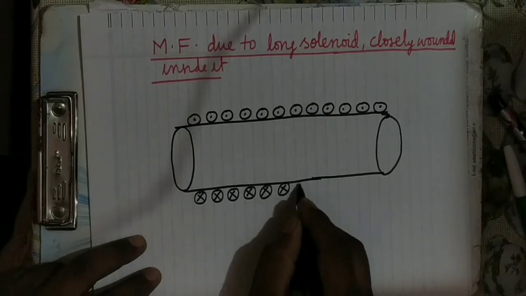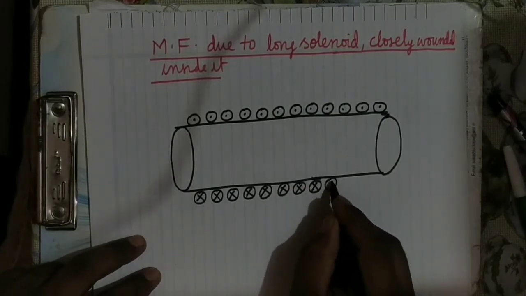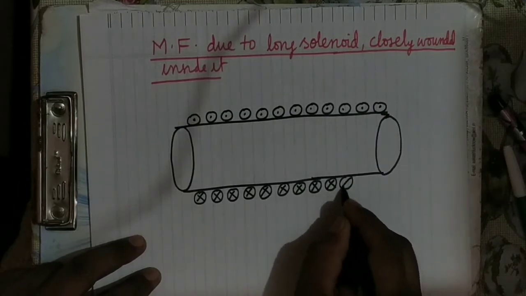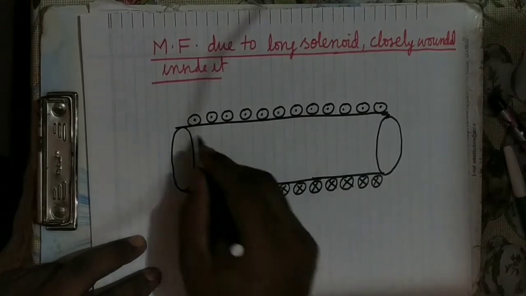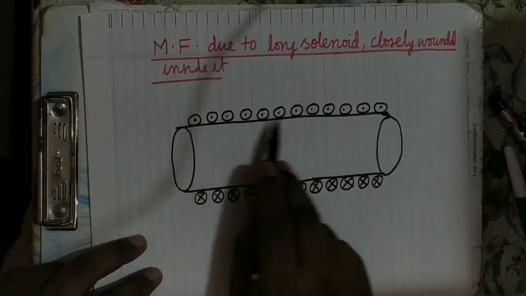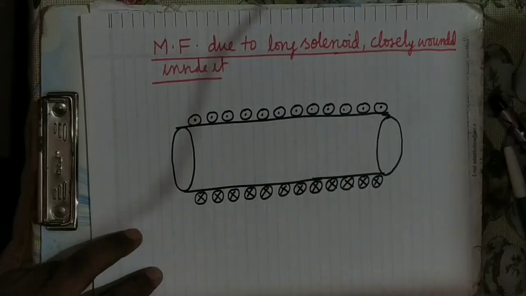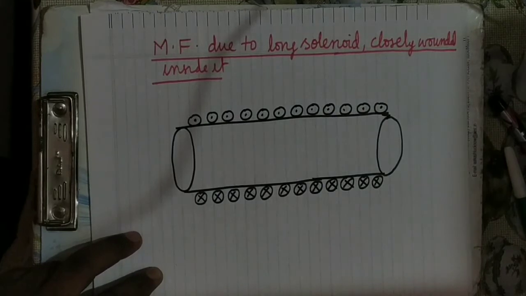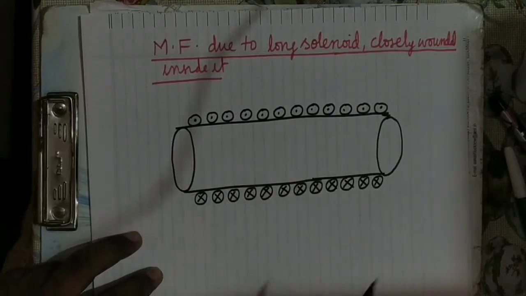Now this I made here. In place of showing the turns and direction of current, I am showing the direction of current at both the edges, in this side as well as in this side. If on one side it is perpendicular to the plane of paper, upward, then on the other side it will be perpendicular to the plane of paper, downward. This coil is situated on the plane of paper.